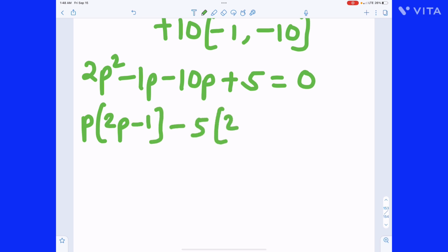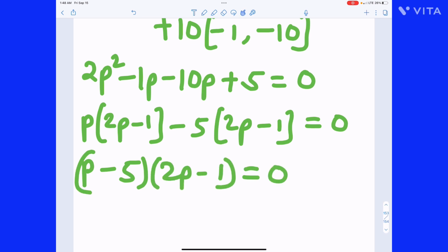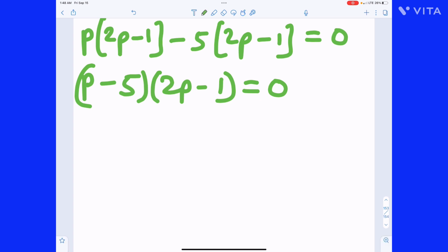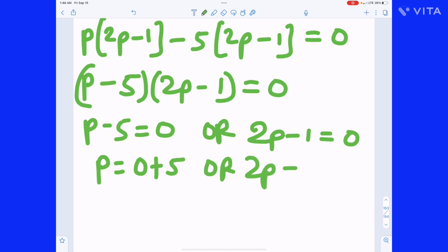Minus 5, 2p minus 1 is 0. So p minus 5 times 2p minus 1 is 0. That gives me p minus 5 is 0 or 2p minus 1 is 0. p is equal to 0 plus 5 or 2p is equal to 0 plus 1.